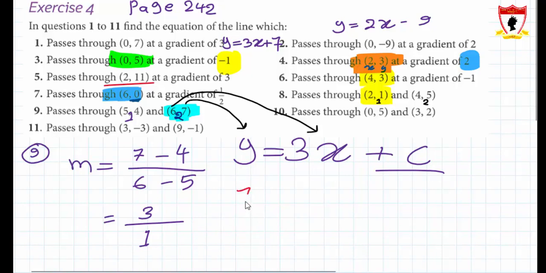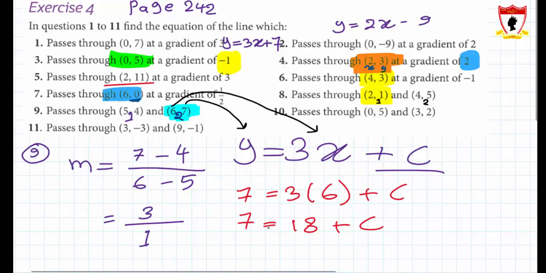Then 7 equals 3 times 6, which is 18, plus c. 18 minus which number will be equal to 7? You can send the 18 to the other side. You will have 7 minus 18 equals c. 7 minus 18 is equal to negative 11. c is equal to negative 11.